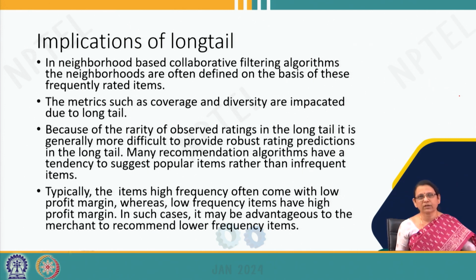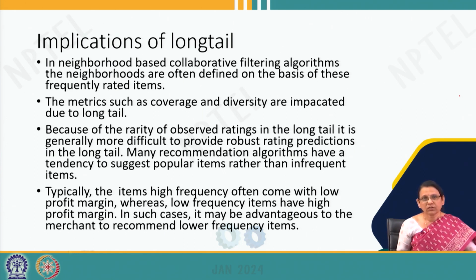We will formally talk about various metrics used while evaluating a recommender system, but coverage tells you, let us say in your item list you have a total of n items, what fraction of the items your recommender system is typically predicting. And diversity is what varieties and combinations of items it is predicting. Both of these are going to be impacted because of the existence of this long tail.